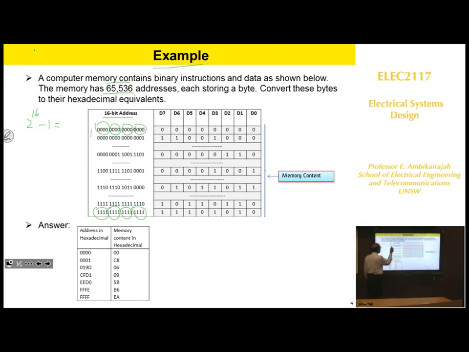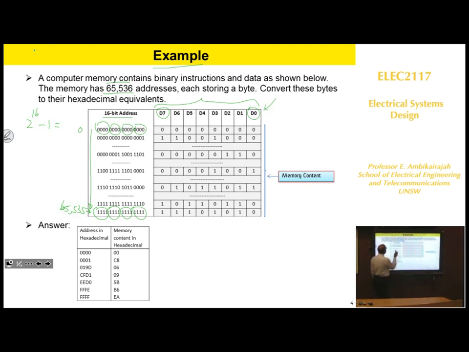So these are the memory locations. If you want to write in decimal, this will be 0, and this will be 65,535. That's the address locations of the memory. And each location would have a byte of value, from the least significant bit to the most significant bit, and that's your data.